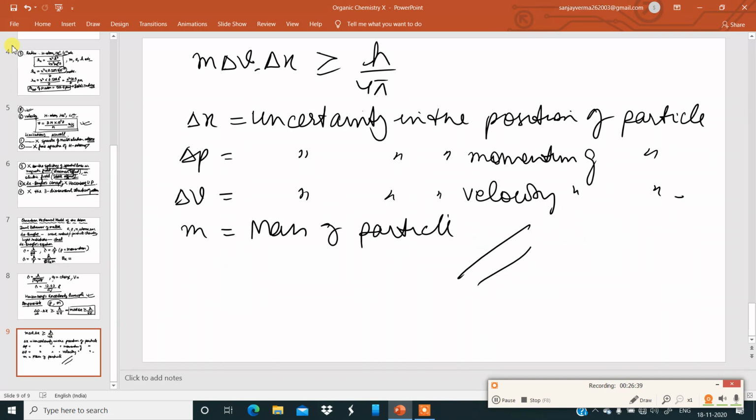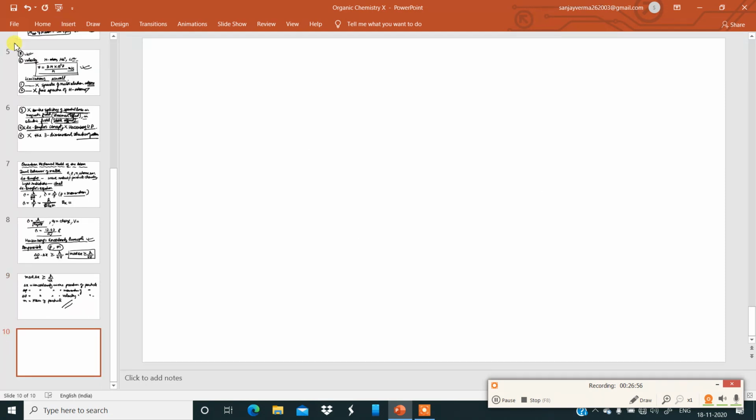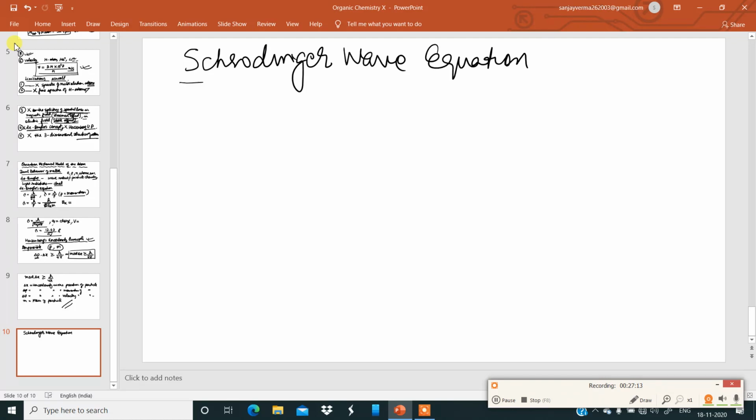After Heisenberg's uncertainty principle came a very important equation under the quantum mechanical model of the atom, which is studied under wave mechanics. That equation is called the Schrodinger wave equation, a very important equation.